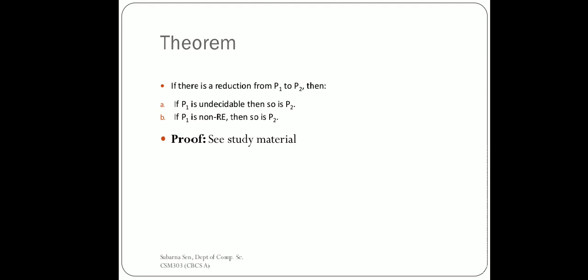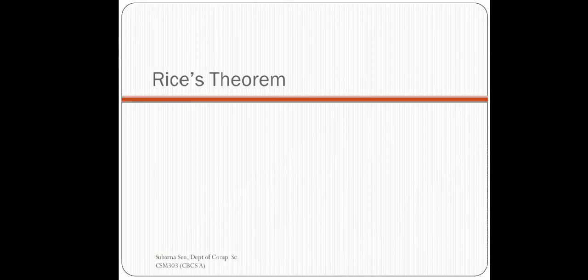Now let us move to this important topic of Rice theorem. We will use one more property here of the undecidability of the universal Turing machine. That proof I told you to learn from the book of Hopcroft.